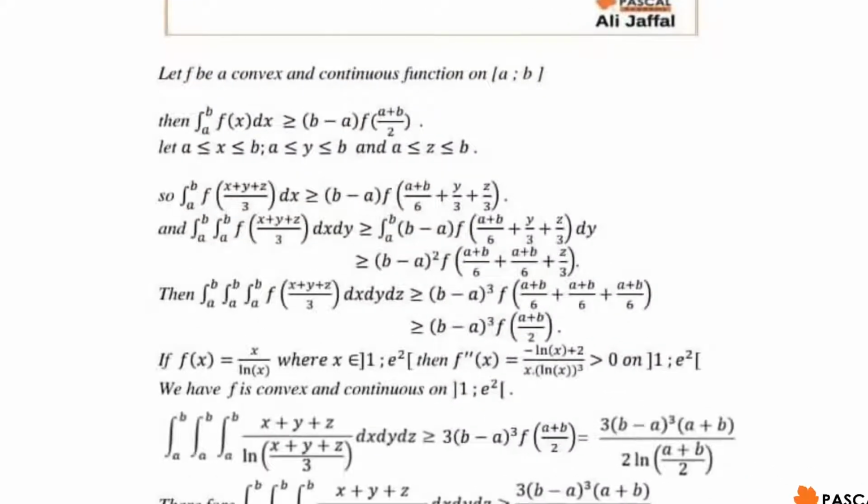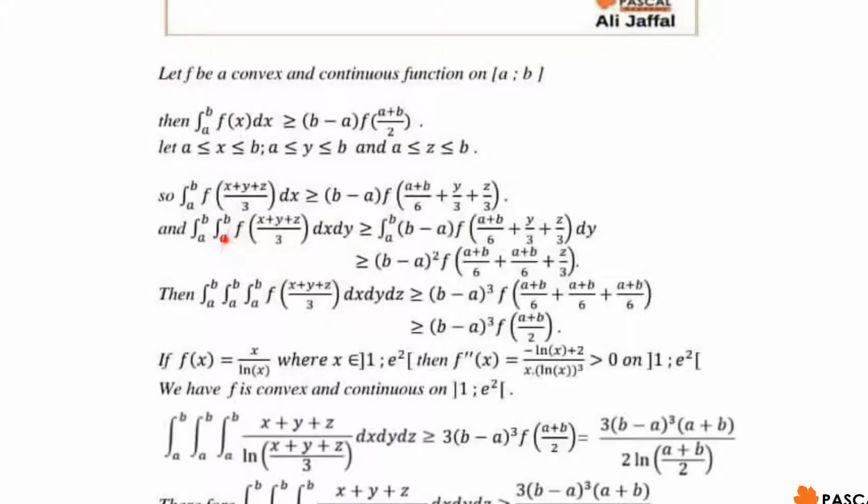Since f is a convex function, the integral from a to b of f((x + y + z)/3) dx is greater than or equal to (b − a) f of ((a + b)/2 divided by 3, plus y/3 plus z/3).